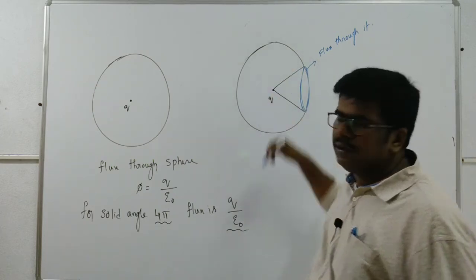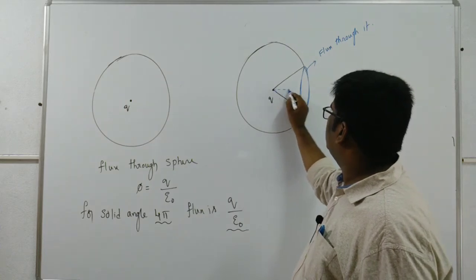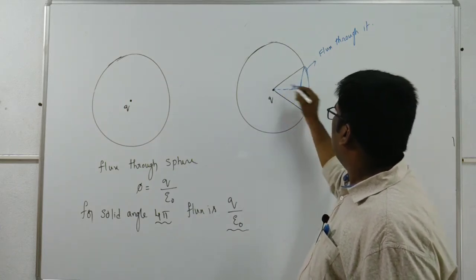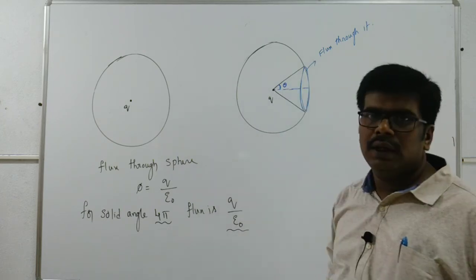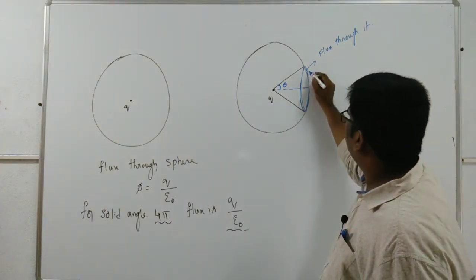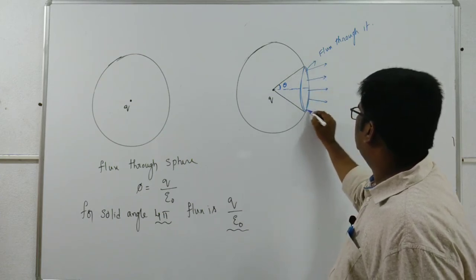Is it the complete sphere? No. It is a part of a sphere and it makes an angle theta here. Then what is the flux through it?